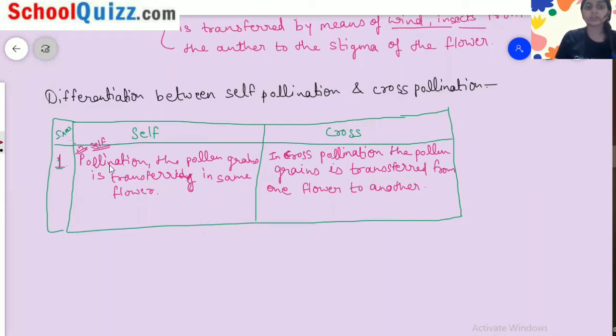So you have written the definition now. Okay, what is the self pollination and what is the cross pollination?